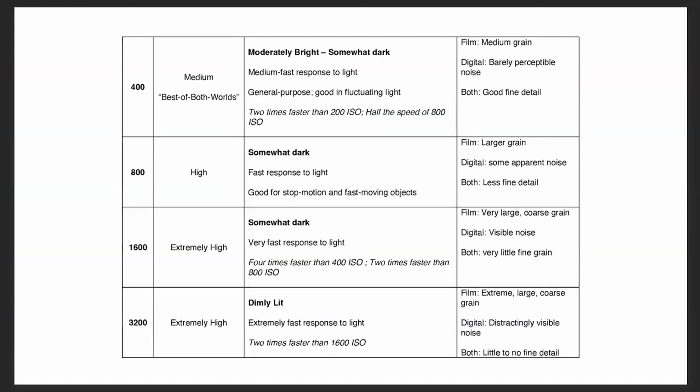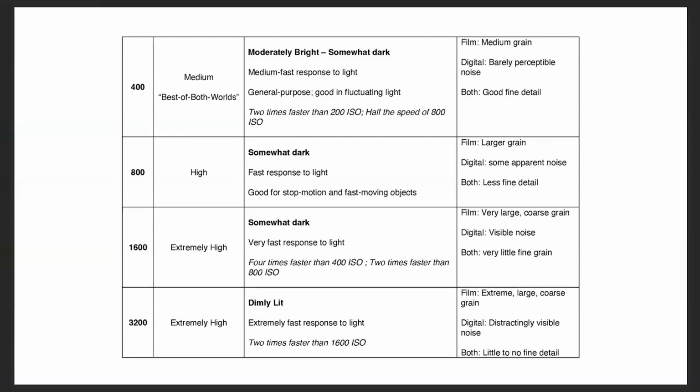And then now as we move to 400 and above, 400 again is that best of both worlds, known as like a general purpose ISO. It's good in fluctuating light. If you were to ever take an intro to darkroom class, which I highly recommend, every class at every school, you start off with an ISO 400 just because of how versatile it is.